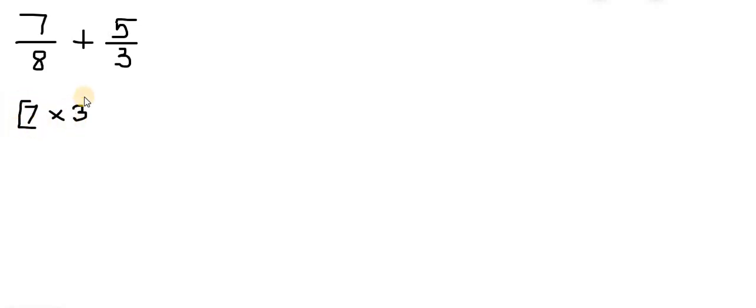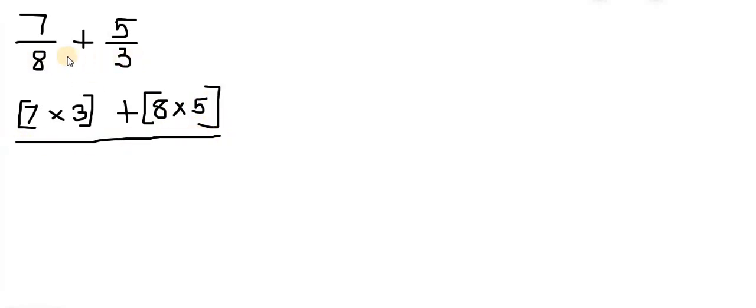Once again, have a different example. 7 over 8 plus 5 over 3. Okay? Same process. A times D, same position, so 7 times 3. Plus across 8 times 5 and then below will just be along the bottom 8 times 3.